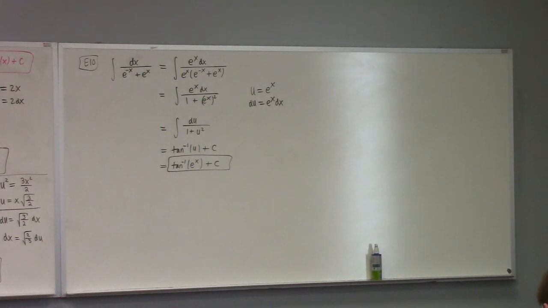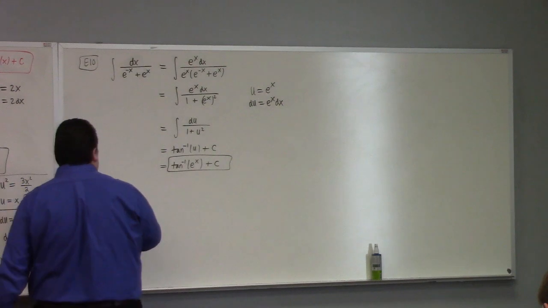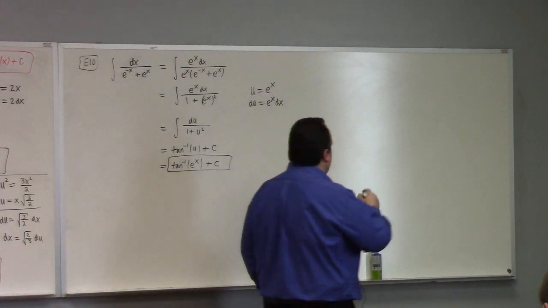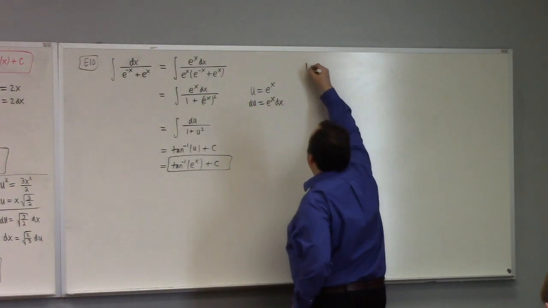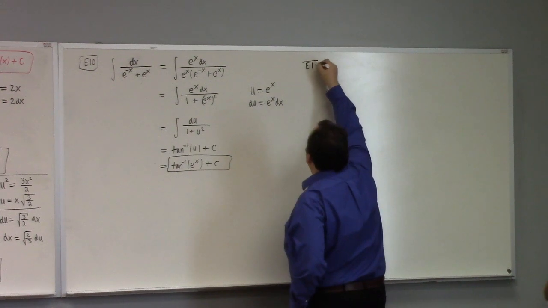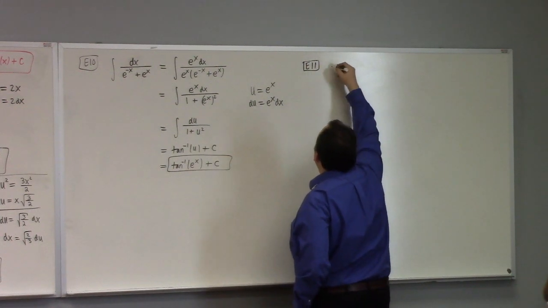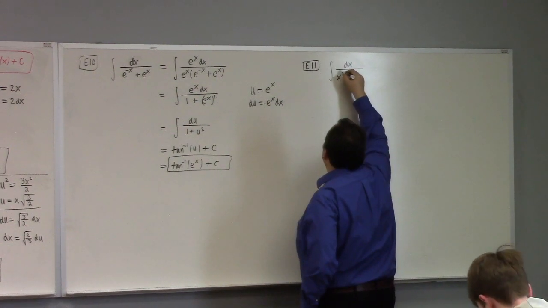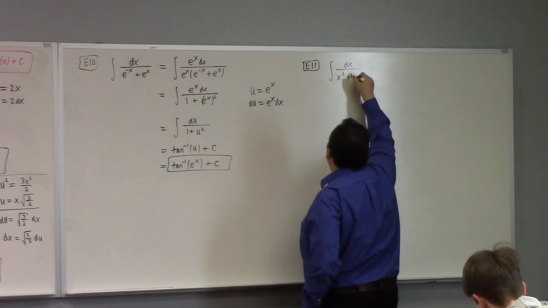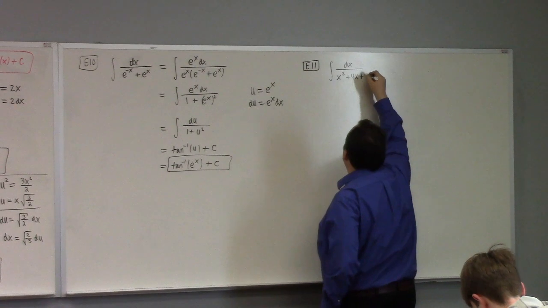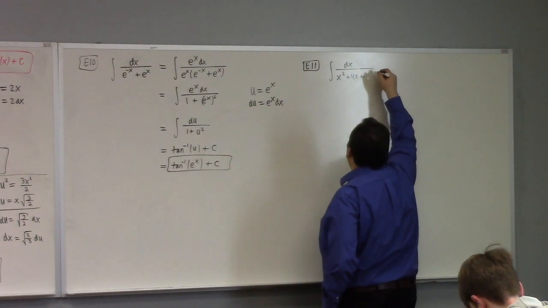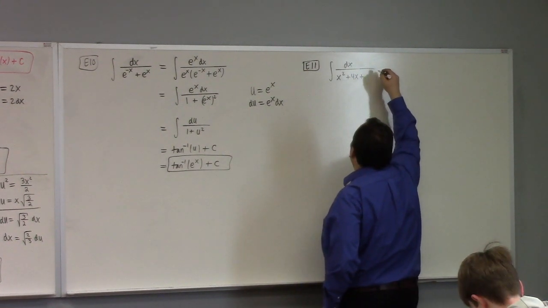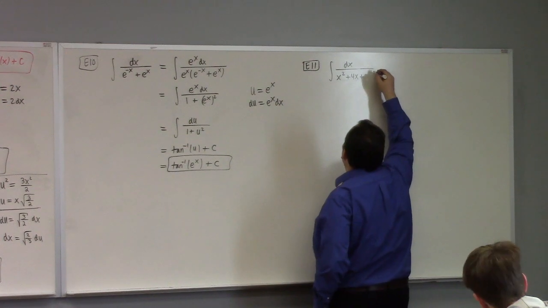Okay, so example 11. Let's get back to our quadratic stuff. How about this? Integral of dx over x squared plus 4x plus 10.